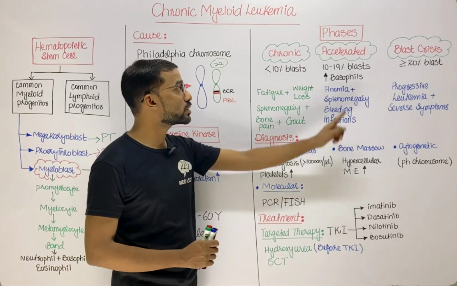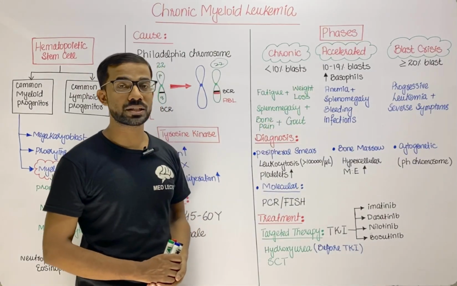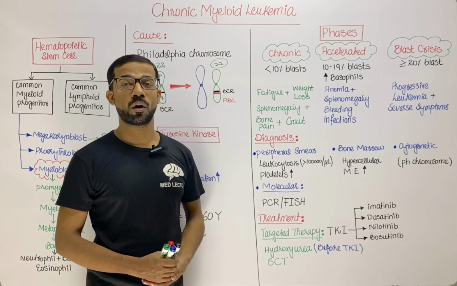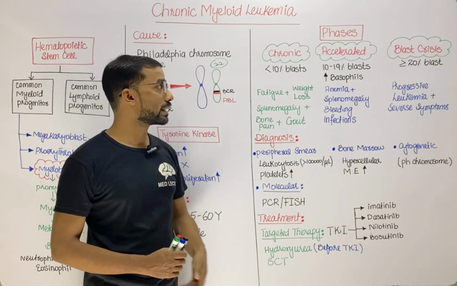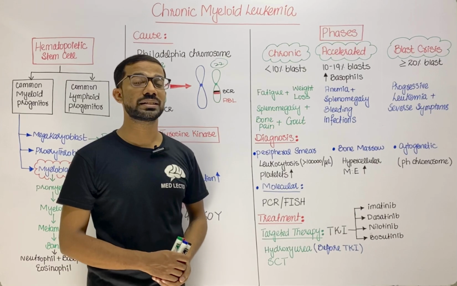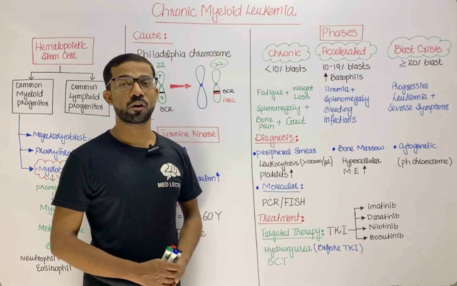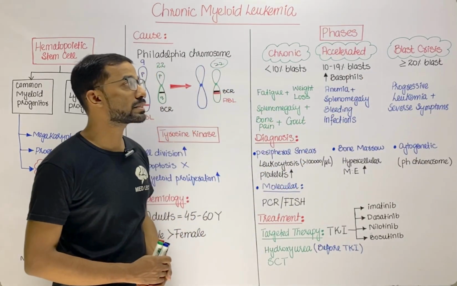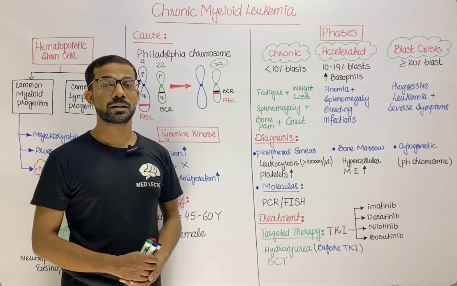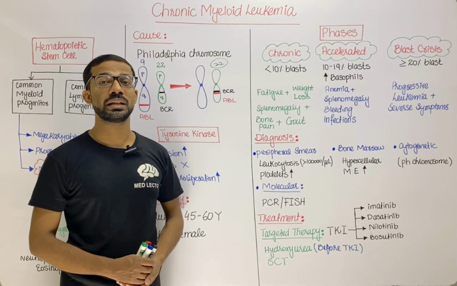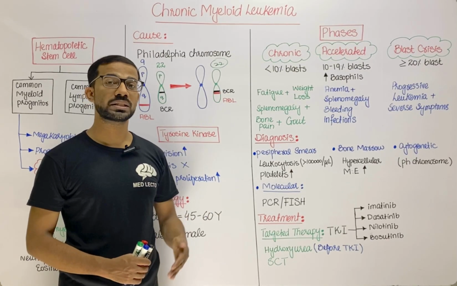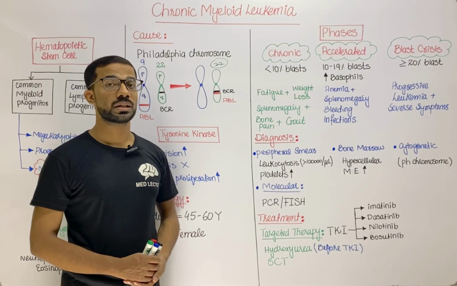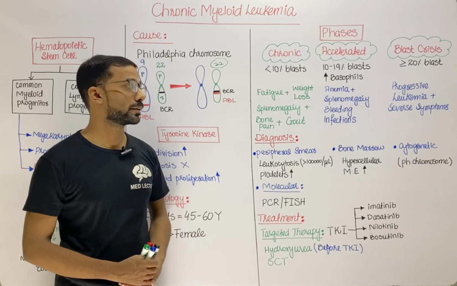In the accelerated phase, you will see 10 to 19% blasts and a large number of basophils. In a normal CBC report, basophils are very low, but here you will see basophils start increasing in the accelerated phase of CML. And in the blast crisis, you will see 20% or greater than 20% blasts. It is similar to acute myeloid leukemia, because in acute myeloid leukemia you will also see an increase in the number of blasts, 20% or greater.